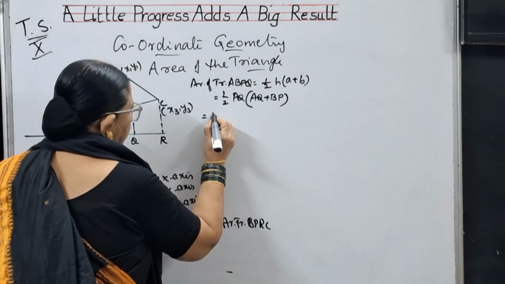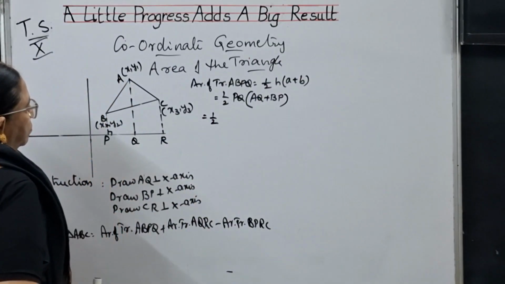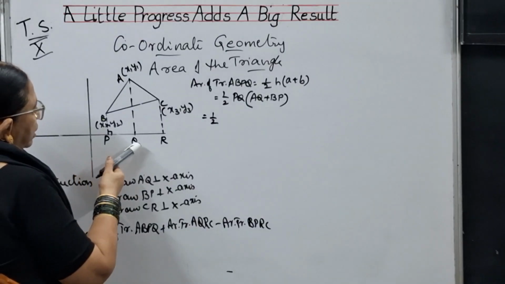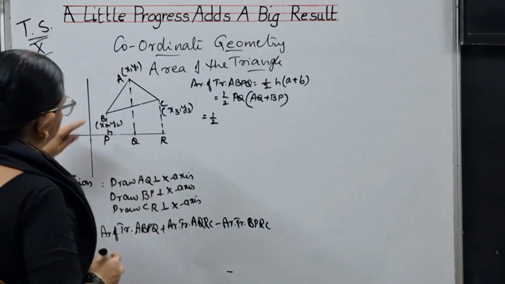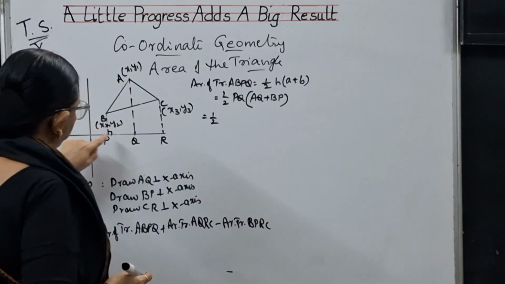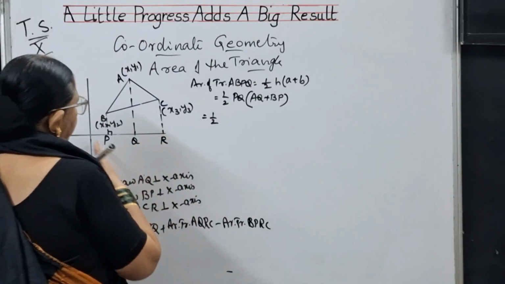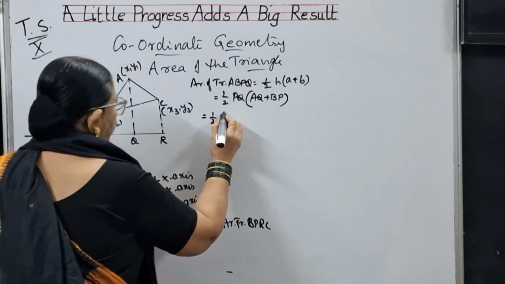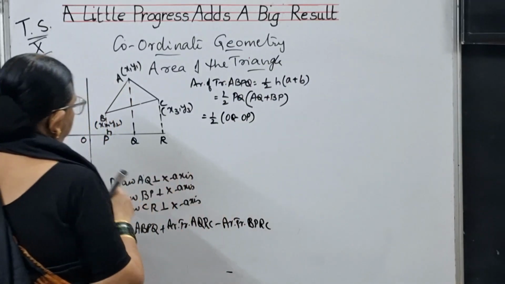So this is equal to half. What is PQ? See, the coordinate of Q is x1, because A is x1 and we have drawn the perpendicular. So definitely from here to here, this value is also x1. PQ is OQ minus OP, isn't it?